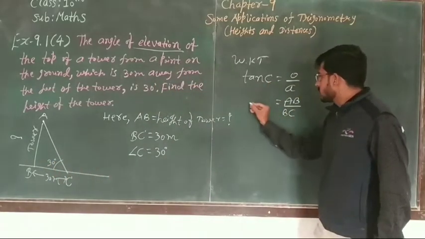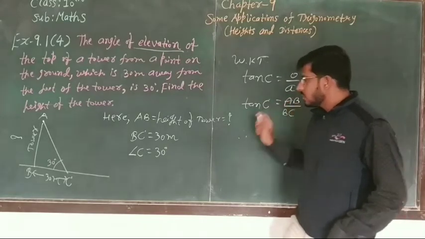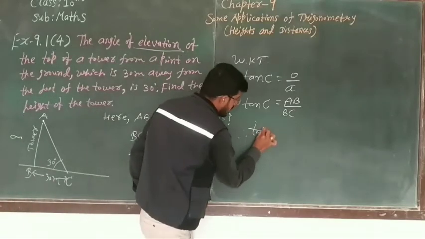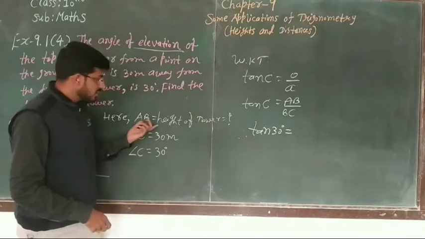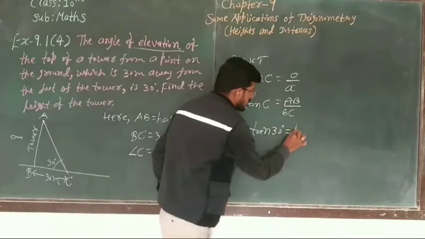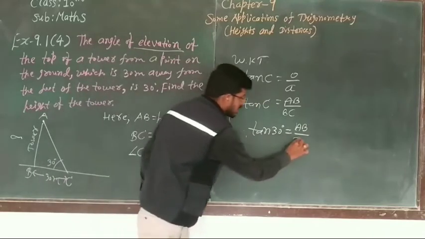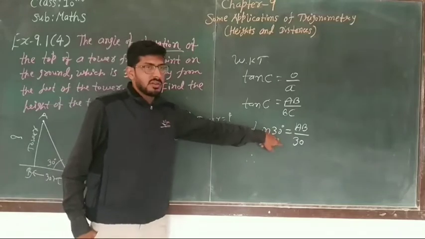So now put the value of angle C, AB and BC. Okay. So angle C is 30 degree. So tan 30 degree is equal to AB upon BC. AB is not given. So as it is AB upon BC is 30 meter. Now use tan 30 degree.